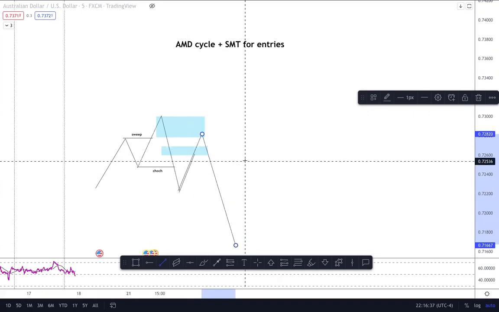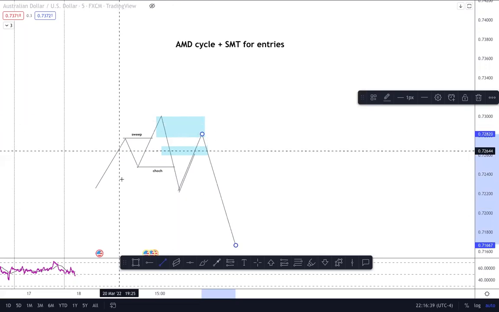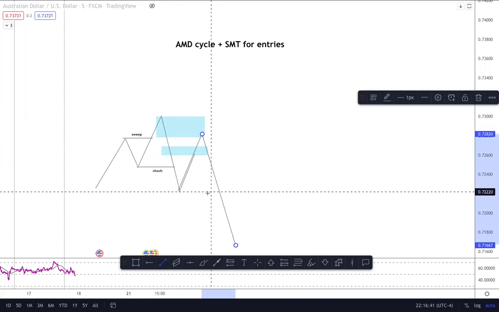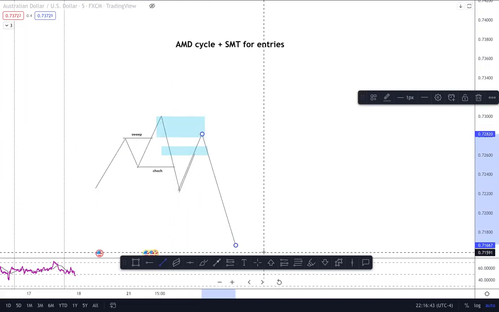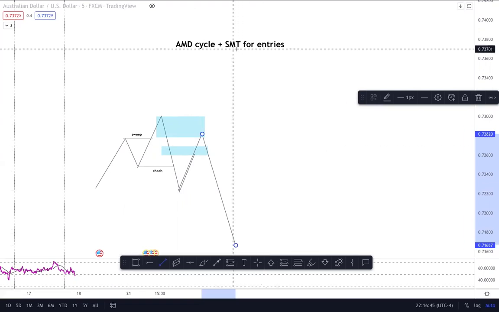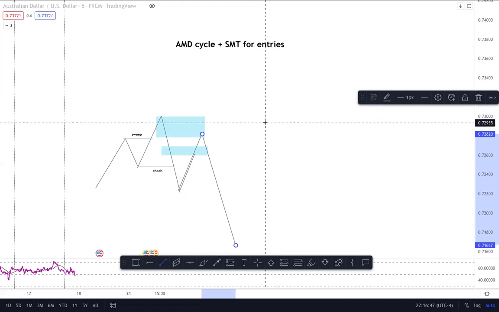Now, understanding that the AMD cycle is super simple, and at this point it has become pretty much overtraded, what is the smart money trap? Again, everything I'm showing you guys today is to the most basic degree. With this basic foundation of knowledge, you can go back into the charts and use this information to backtest it.